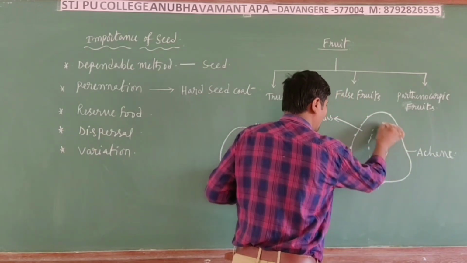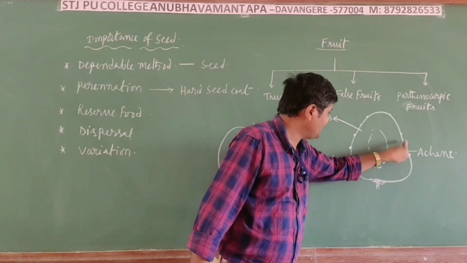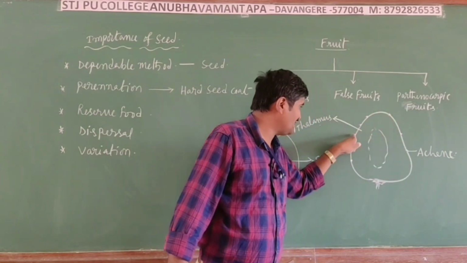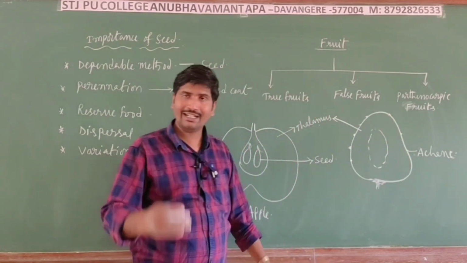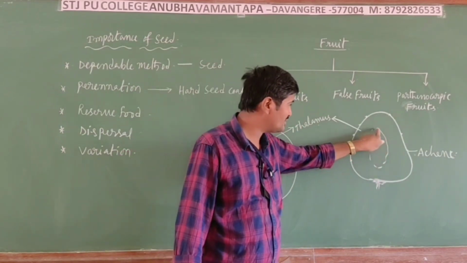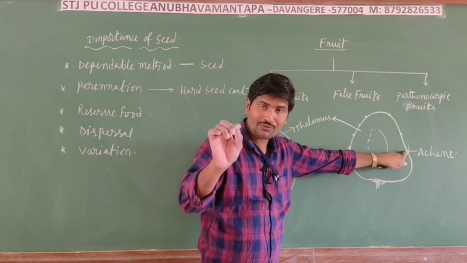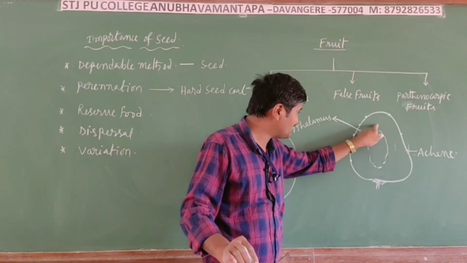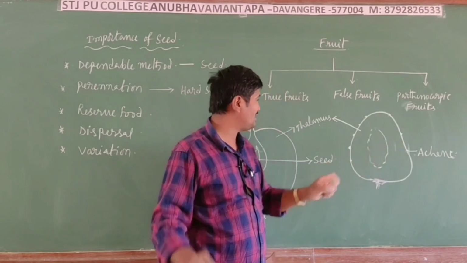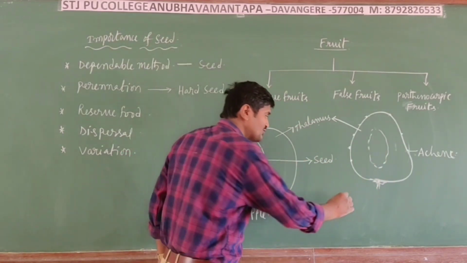This is a false fruit, that is the thalamus. This area is developed only from the ovary, and that is known as the achene. An achene is one type of true fruit. Here the thalamus also contributes as a fruit part. That is the strawberry.